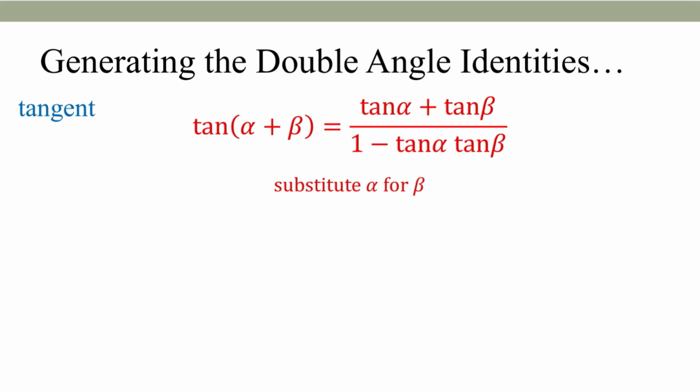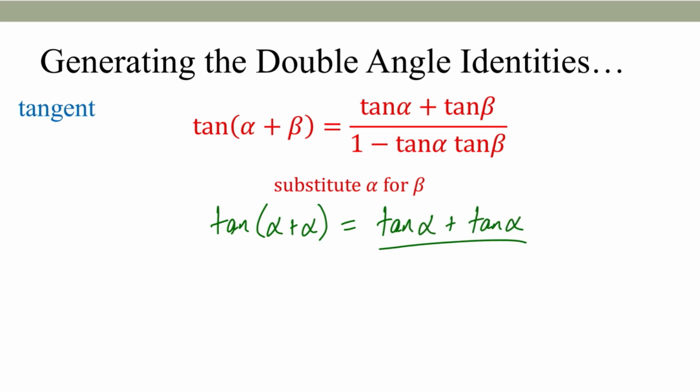Now, for the tangent identity, we're going to again start with the tangent sum identity, where the tangent of alpha plus beta is tangent alpha plus tangent beta over 1 minus tangent alpha times tangent beta. And again, I'm going to substitute alpha for beta. So then I'm going to end up with tangent of alpha plus alpha. Notice that all I'm really doing here is substituting all my betas with alphas.